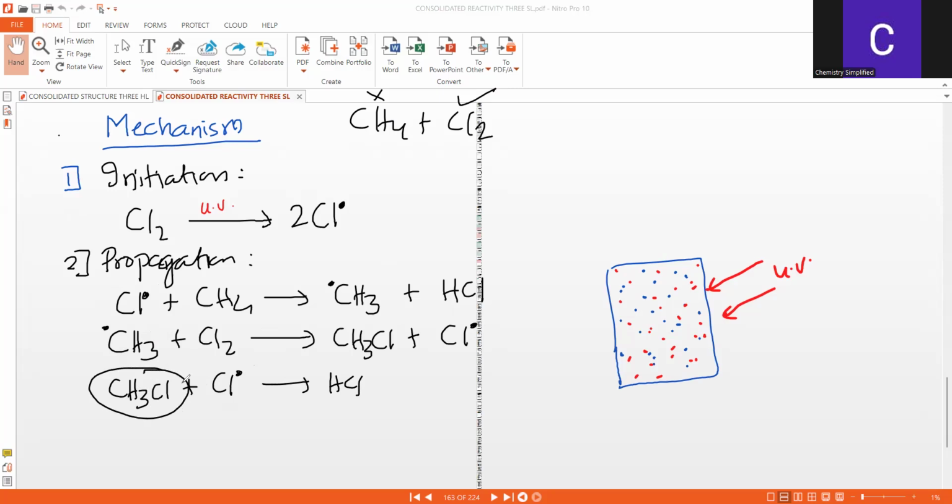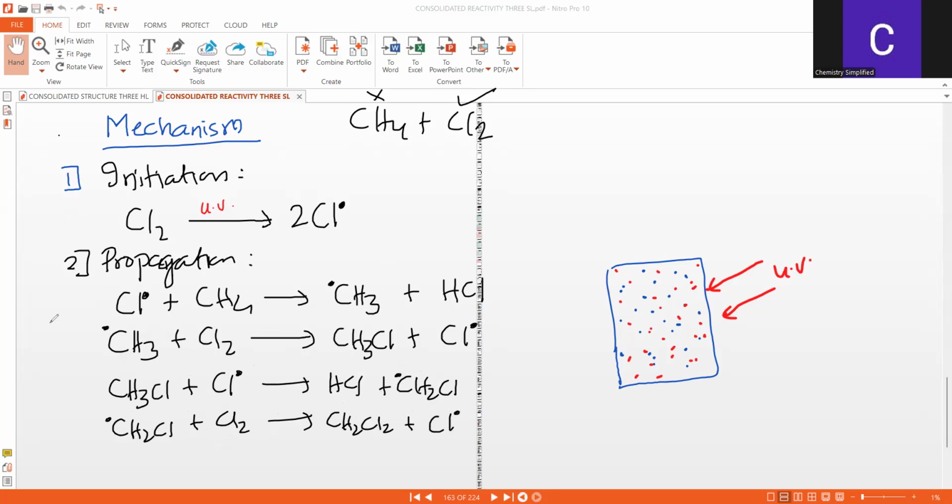And now this has lost one hydrogen, so this will become CH2Cl and an unpaired electron. Now this CH2Cl will try to become stable, so it will attack a chlorine molecule. Take one chlorine to pair up, so CH2Cl2, plus the other chlorine will become a free radical. So this way it will propagate, it will go on and on until all the hydrogens are substituted.